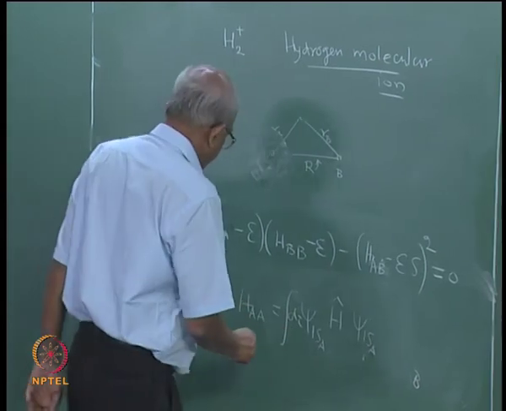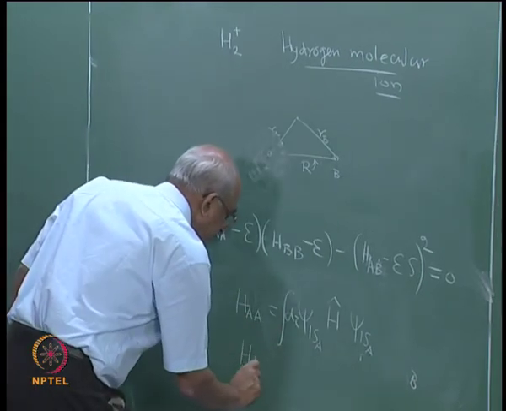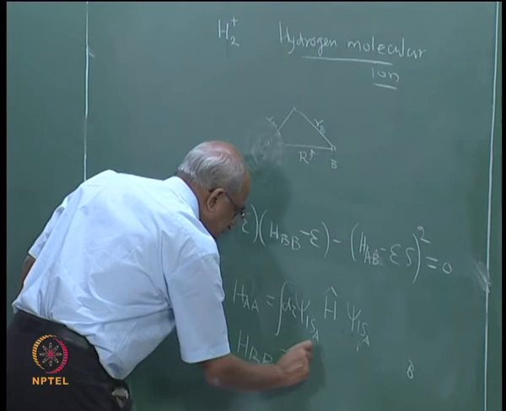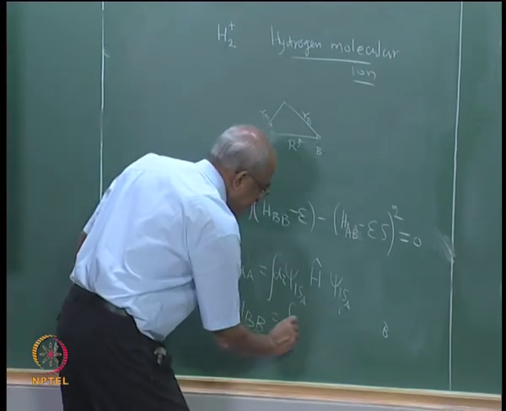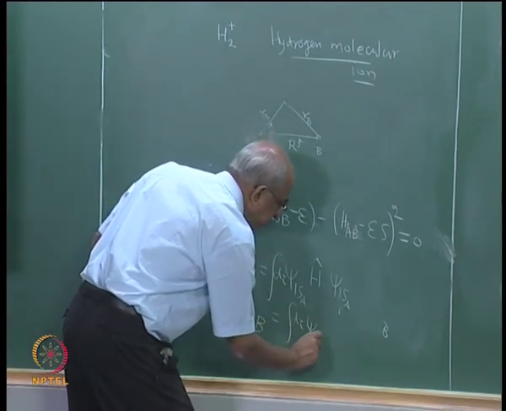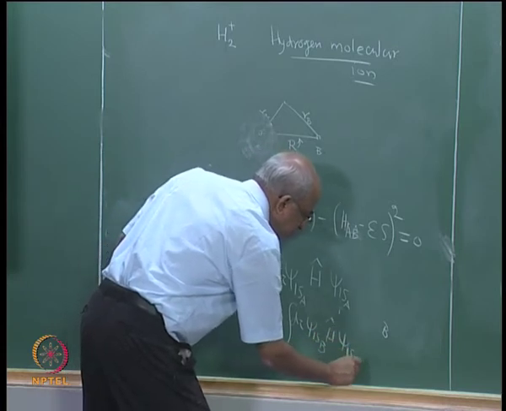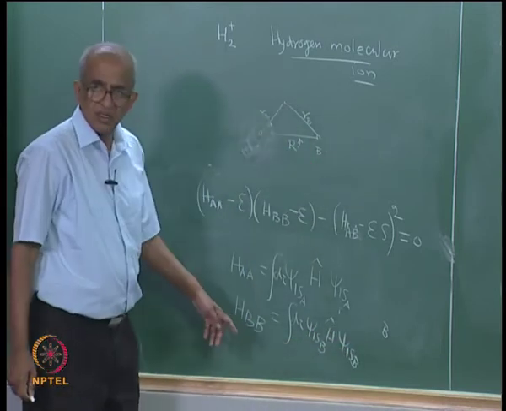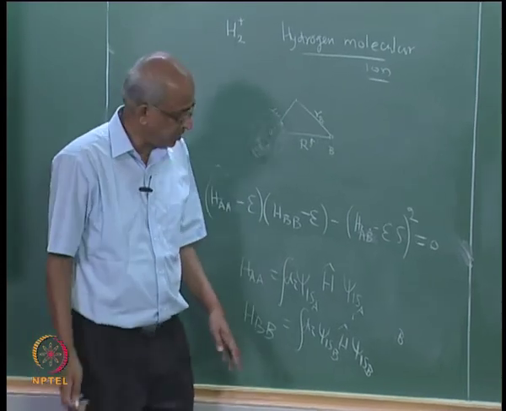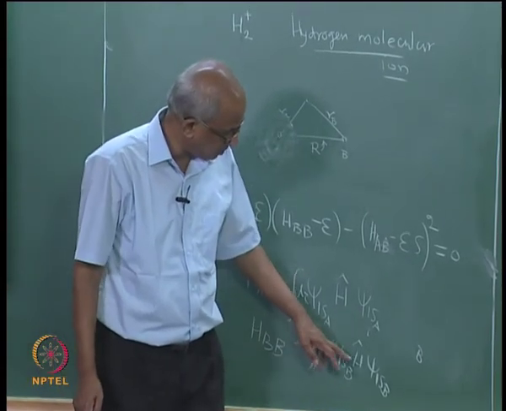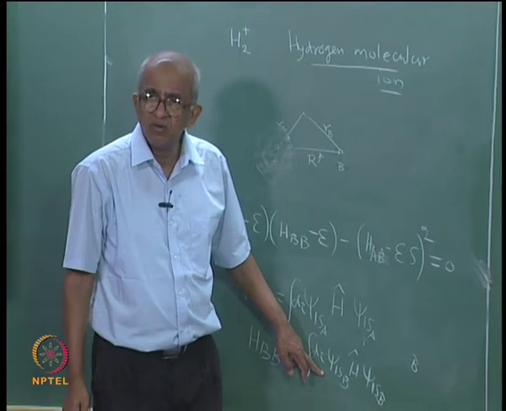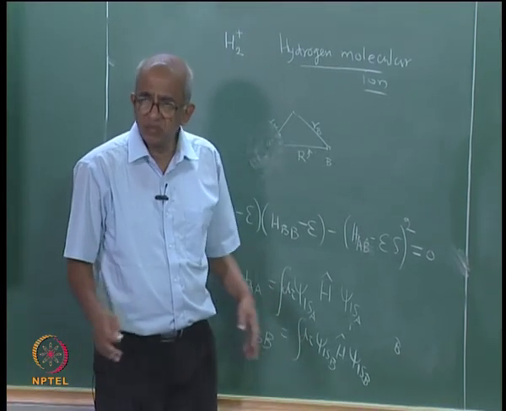And if you think of HBB, you can make a similar argument. It would be an estimate of the energy of the electron if it was confined to 1sb in the molecular ion.